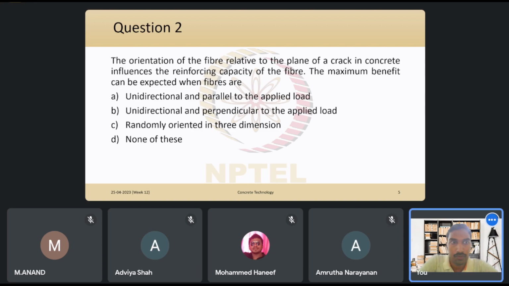Okay, we have one vote for B, one vote for C. Any other answers?